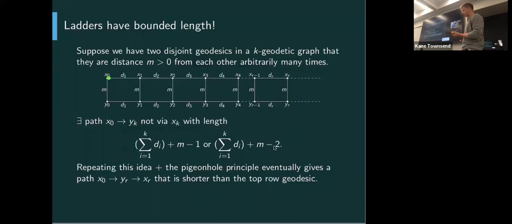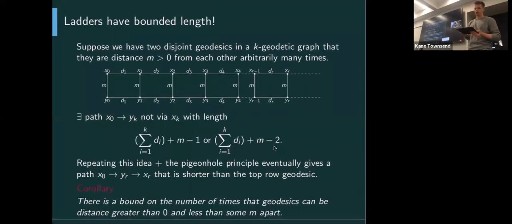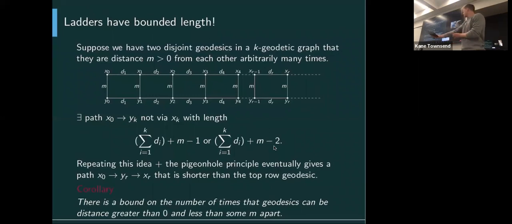So you have some path from x0 to yr, and if you go up here, it's a shorter path, which is a contradiction because we've assumed that this top row is geodesic. So a corollary to this statement is that there is a bound on the number of times that geodesics can be distance greater than 0 and less than m apart.